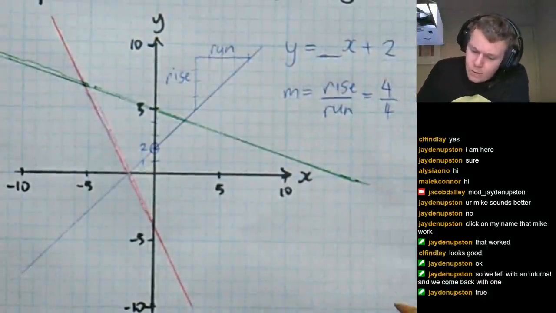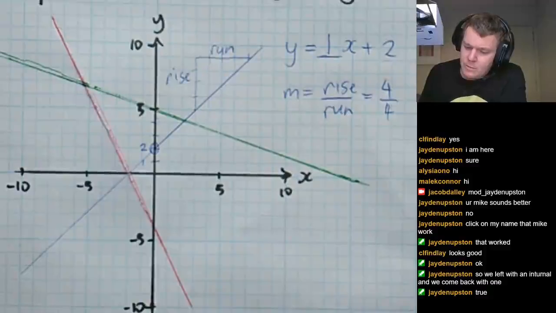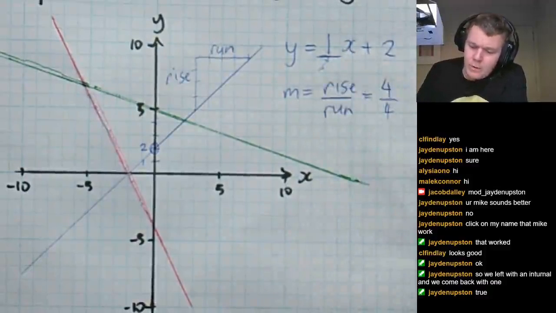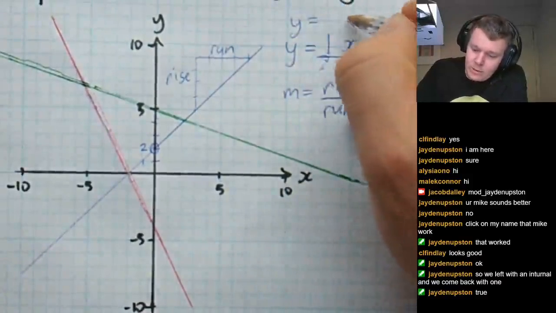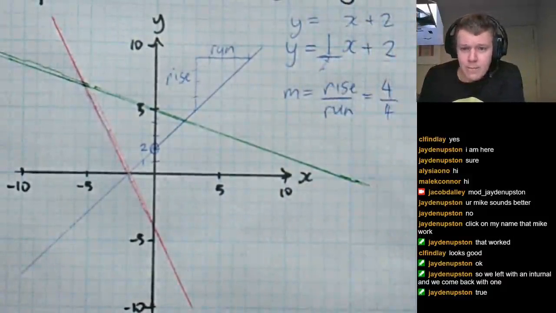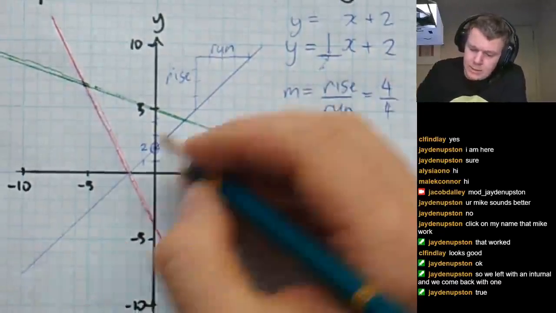So 4 over 4 is 1. In this case, our equation is y equals 1x plus 2. Sometimes when you're given questions, they might exclude that 1, but it's actually the same formula. Y equals 1x plus 2 is the equation of that line.